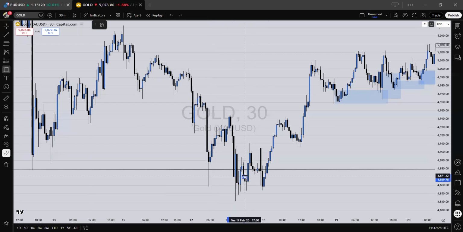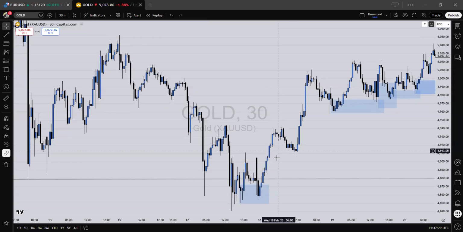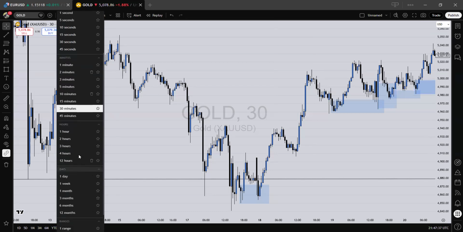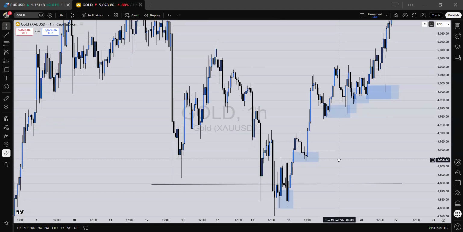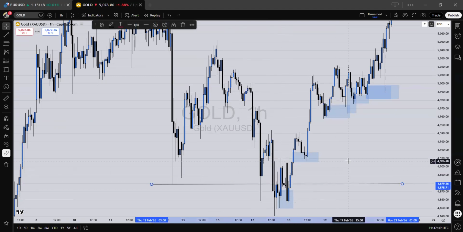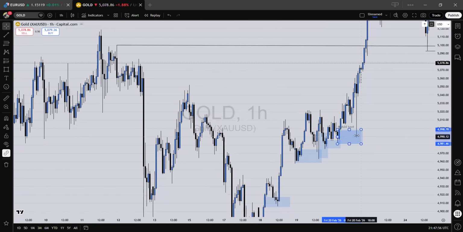My first entry was here. I think I still have the screenshot of the trade. I can share my screenshot with you so that you see it. And then the second entry was from the 1 hour fair value gap. That's the second fair value gap here. So market took the low first before I took my entries. Did I even take any other entry here? I think I took this entry. Yes, I took this entry, but it was in a different account.